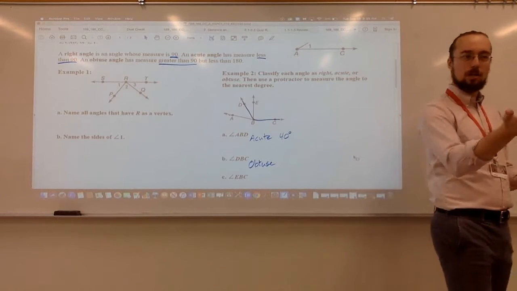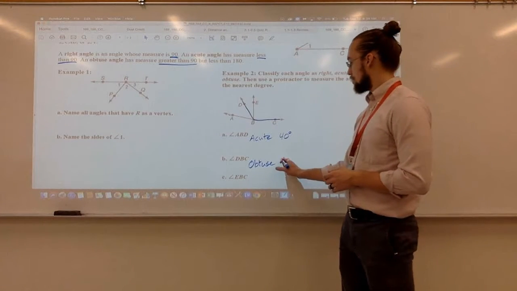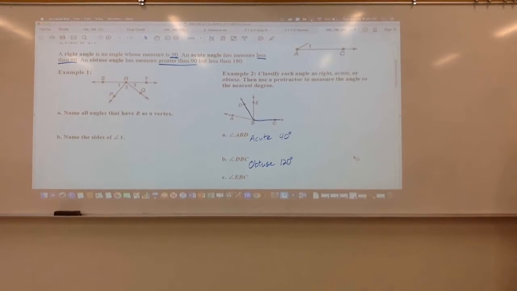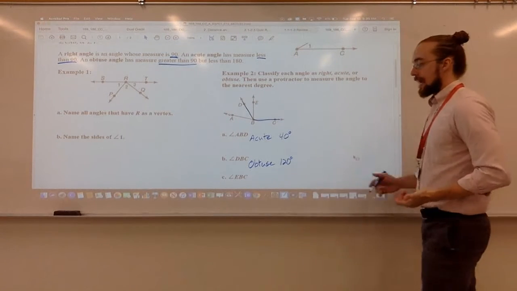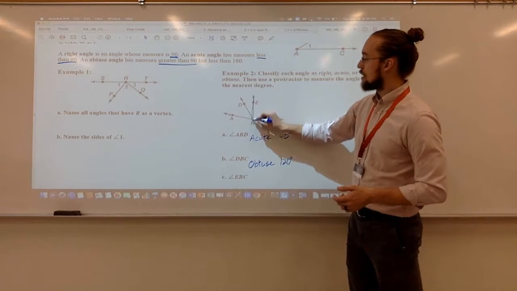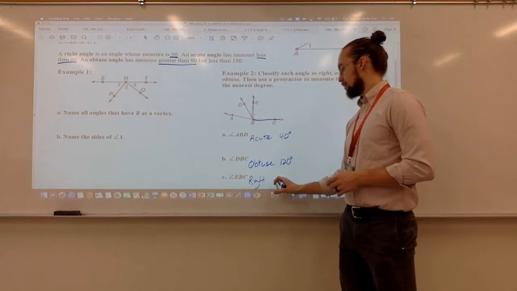So 115, 120, maybe even 130, somewhere in there, I think would be a good estimate. All right, so we'll say 120 degrees. How about the last one, angle EBC? Right angle. That is right, and yes, all right angles are 90 degrees.